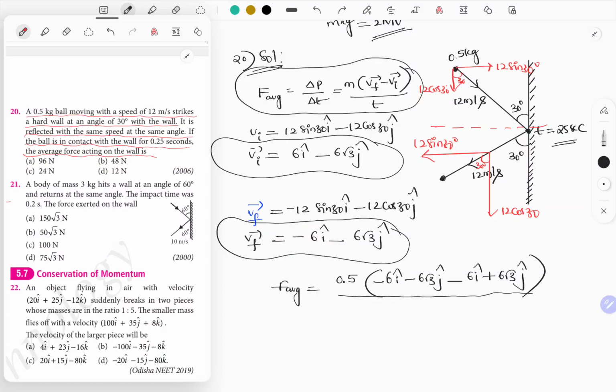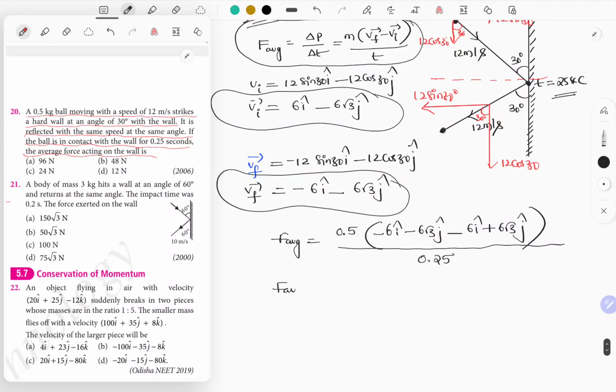Divided by the time of contact, which is 0.25 seconds. So in F average, the 6 root 3 terms get cancelled out and we get minus 2 times 6 i cap, so 0.5 into minus 2 times 6 i cap divided by 0.25.